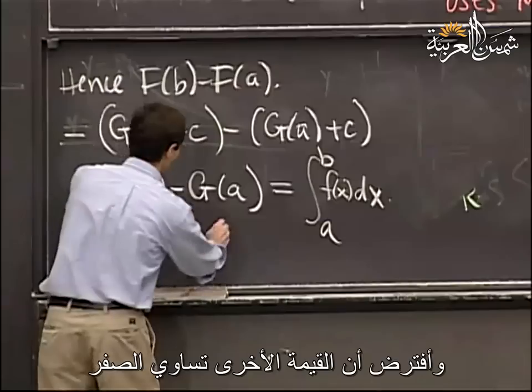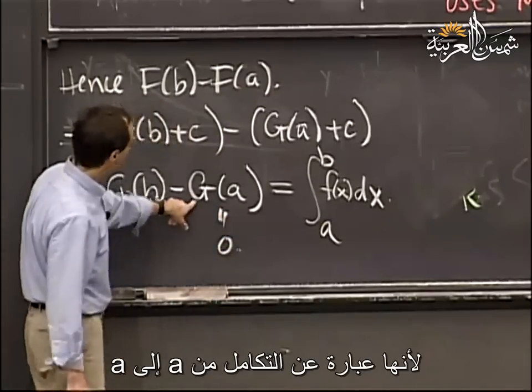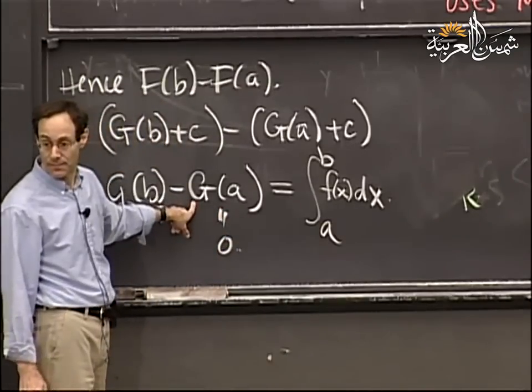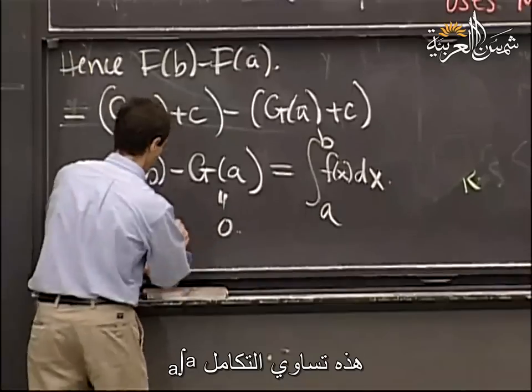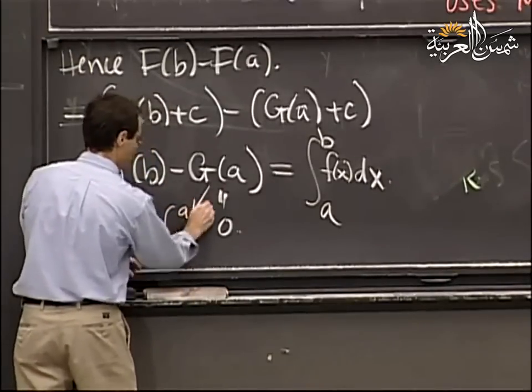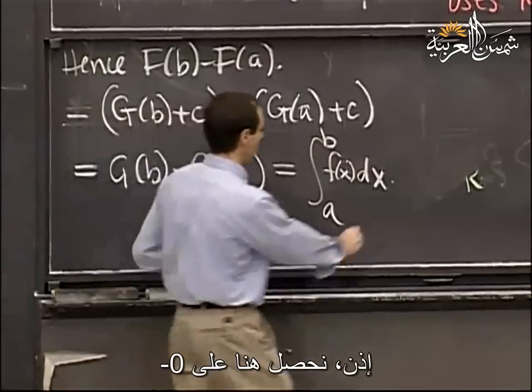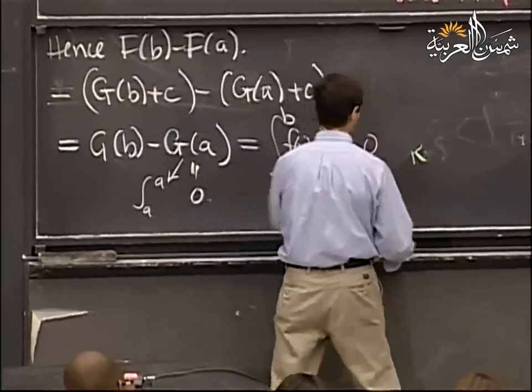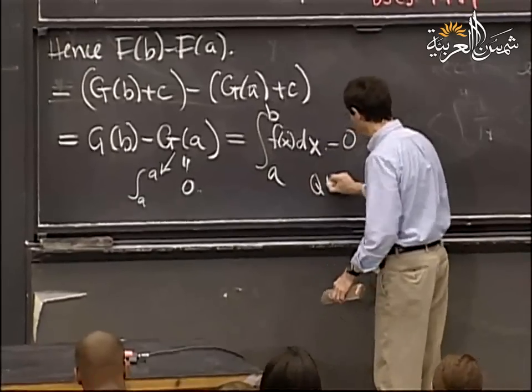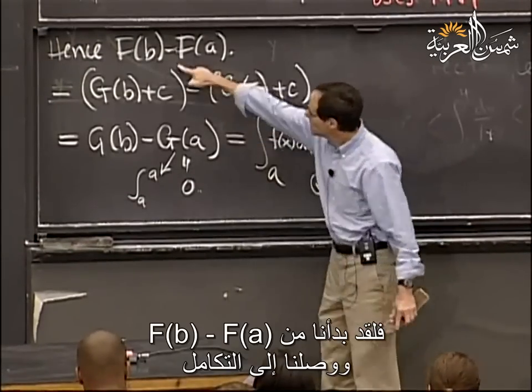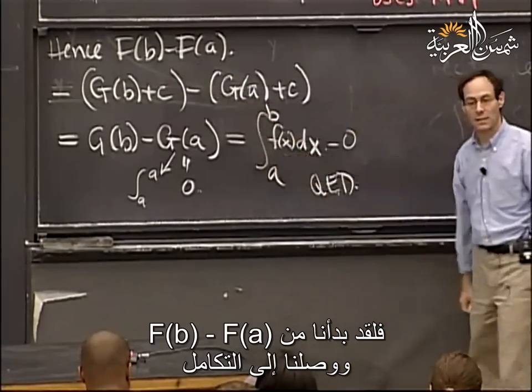Now, the other one I claim is 0, because it's the integral from a to a. This one is the integral from a to a, which gives us 0. So this is just this minus 0, and that's the end. That's it. I started with f of b minus f of a. I got to the integral.